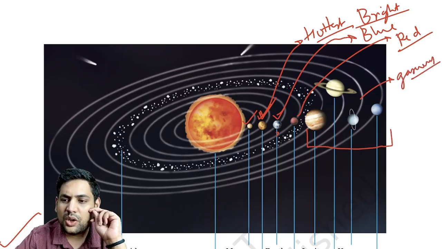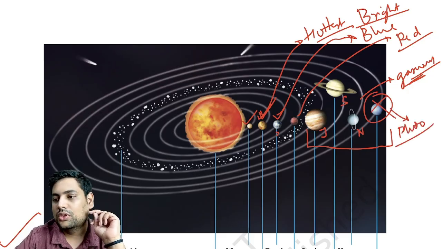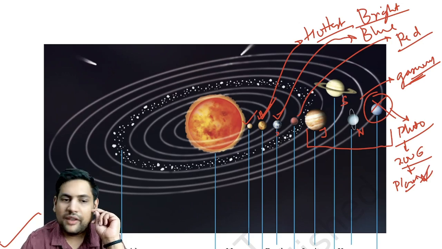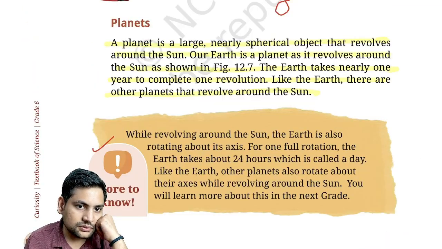They are not solid in nature, they are mostly gases. This is Jupiter, this is Saturn, this is Neptune, and this is something that has been eliminated from the planets, that is Pluto. After 2006, it is not considered a planet anymore. So these are our solar system planets.